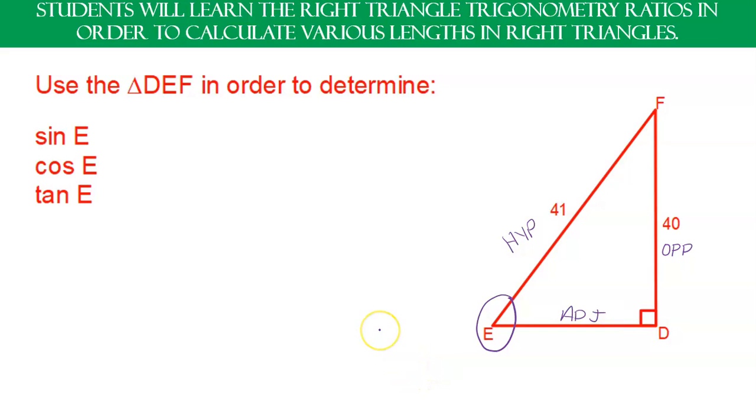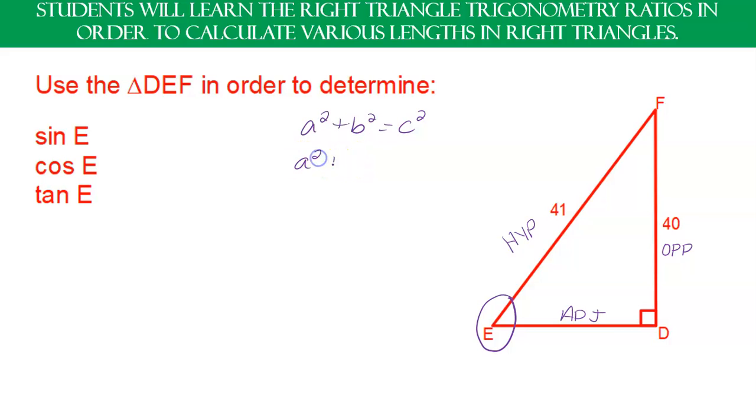Okay, now as you noticed, the hypotenuse length is 41, the opposite's length is 40. We do not know the adjacent's length. So in order to find that, we need to calculate it. Well, in order to calculate it, we do right triangle trig, which means we can do our Pythagorean theorem. So we have a squared plus b squared equals c squared. C is always your hypotenuse.